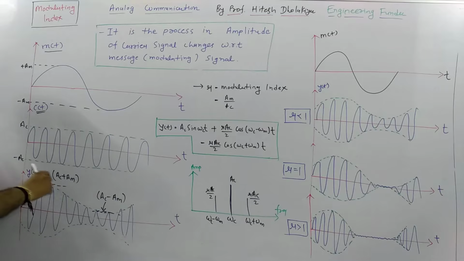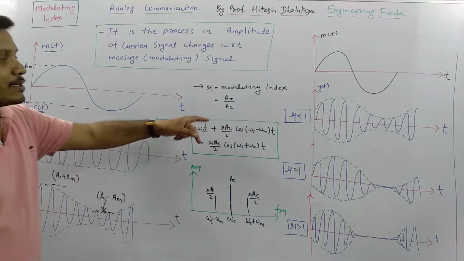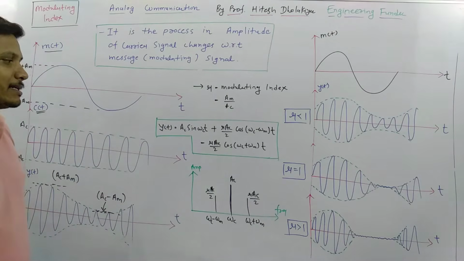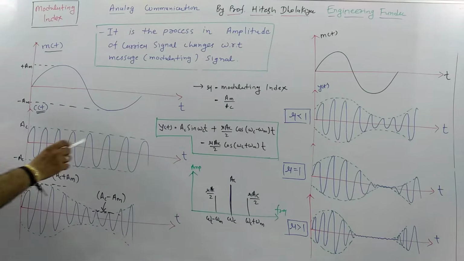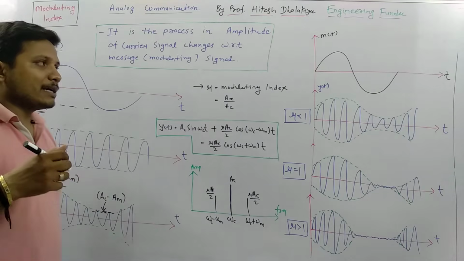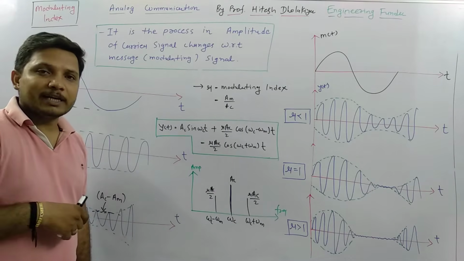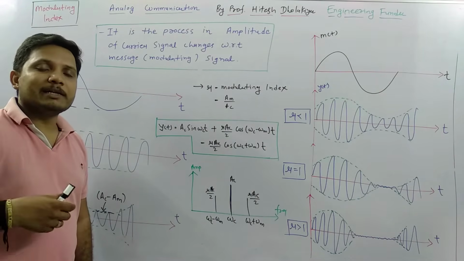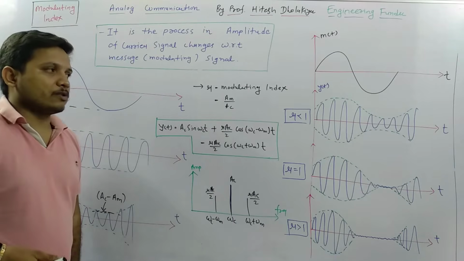In that derivation mu is Am by Ac, and as I have told you, modulating index should be lower than unity, otherwise there is a possibility of phase distortion.